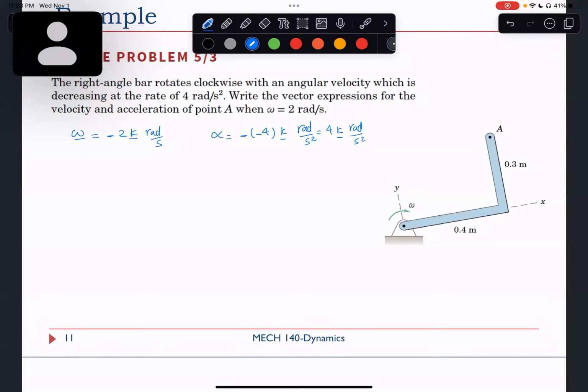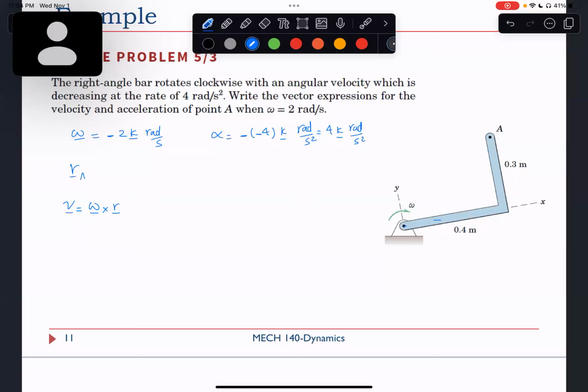Now, we want to find v, at, and an, right? So that's easy. We have the equations for that. V is omega cross r. So what is r for A? The r from the fixed axis of rotation to our point of interest, which is A. So let's write that.